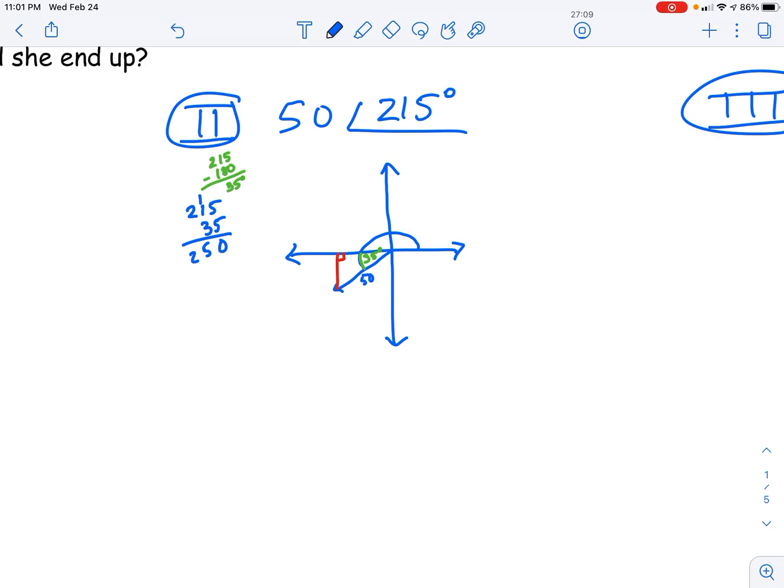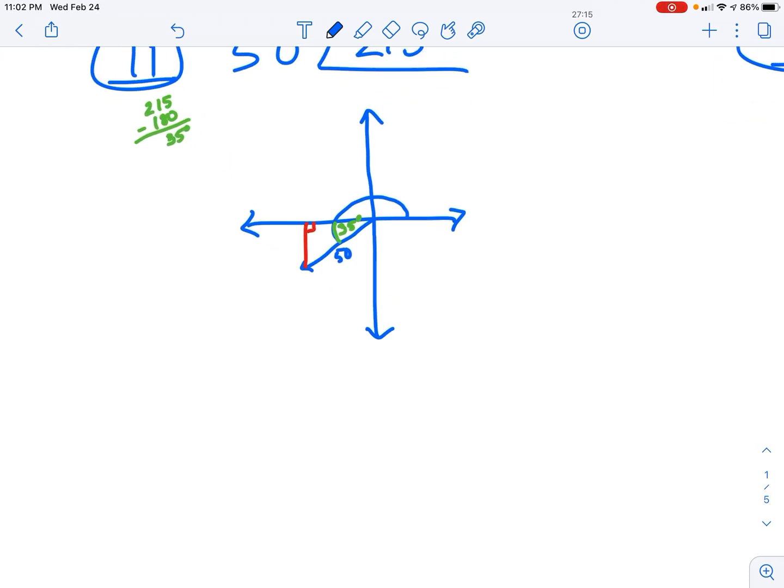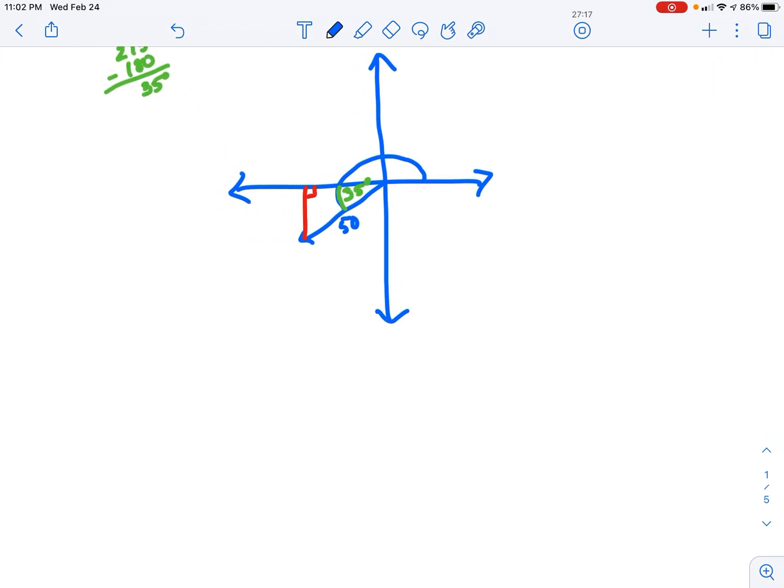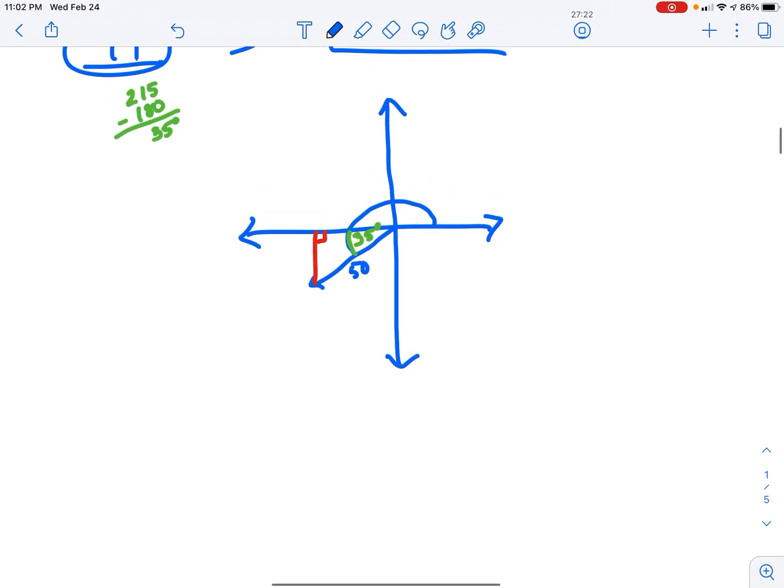Yeah, okay, we're okay. I think I was figuring something out wrong here. Okay, let's go back now. Actually, what you want to add is the 180 plus the 35. That would take you to that. That's what I was trying to do. So if you add these two together, it'll take you back to that 215.